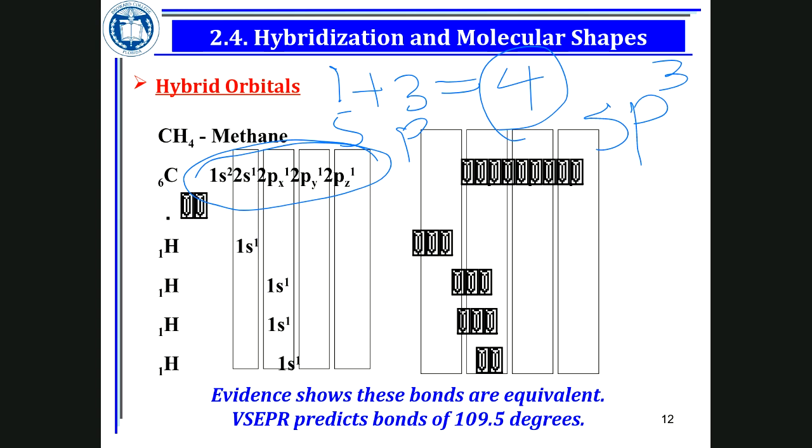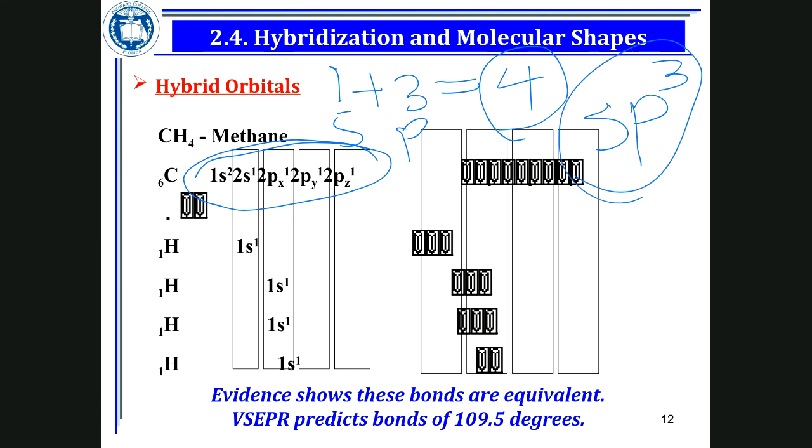So sp3 orbital is not 4 orbitals. sp3 orbital is just one sp3 orbital. But what does it mean? It means that this orbital is 1/4 s, and 3/4 is going to be p, or it's coming from hybridization of 1 s orbital with 3 p orbitals.